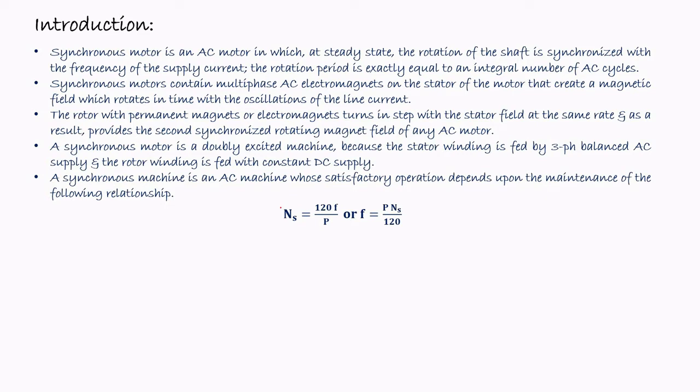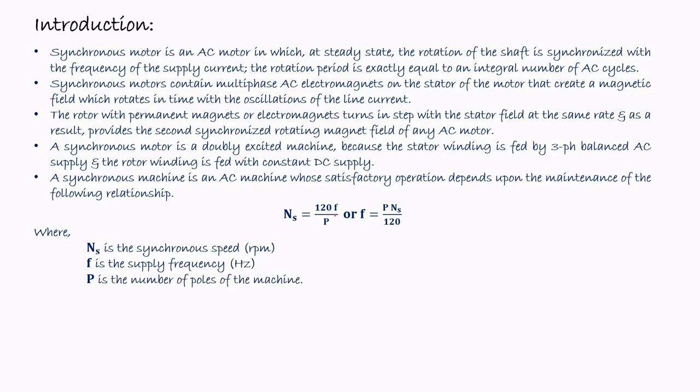As the machine is working as a synchronous motor, the speed of the rotor will be Ns, that is called the synchronous speed, and it will be 120 F upon P, where F is the frequency of the supply in the stator and P is the number of poles in the stator. So Ns is the synchronous speed in RPM, F is the supply frequency in Hertz, and P is the number of poles of the machine.